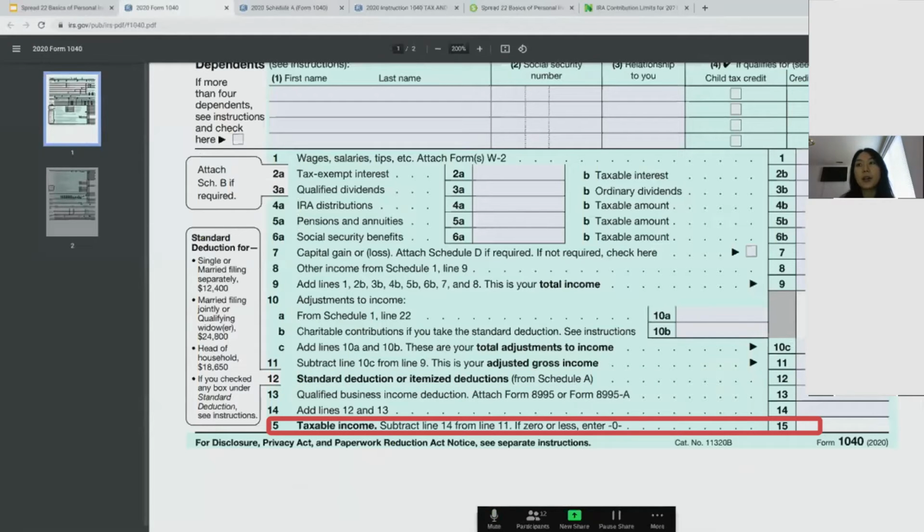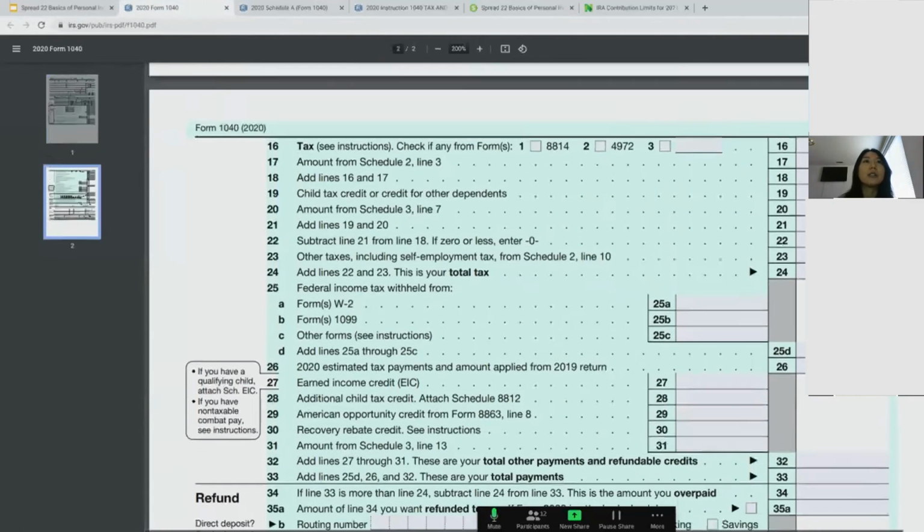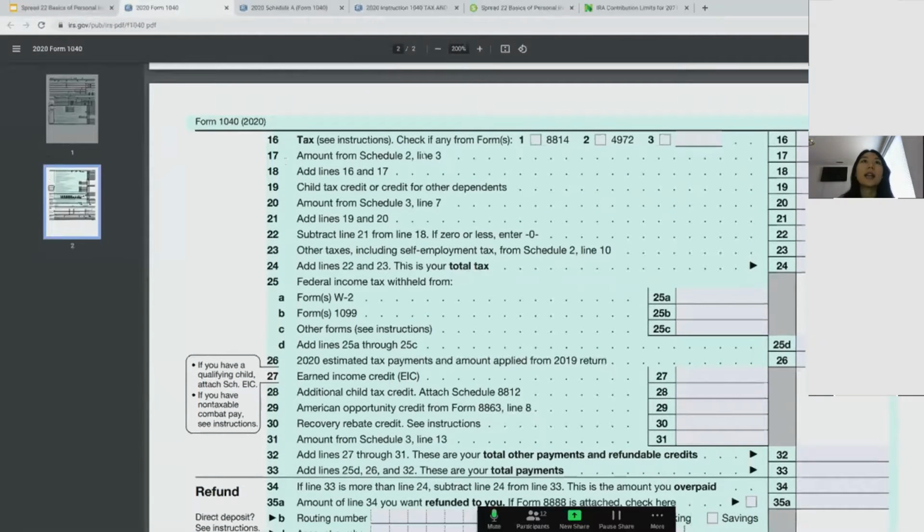AGI minus below-the-line deductions is your taxable income. After that, we go to page 2, and then you calculate your taxes. These are the extra forms you can use to calculate your taxes, but you can really just check here, and then I think here you can do tax table.